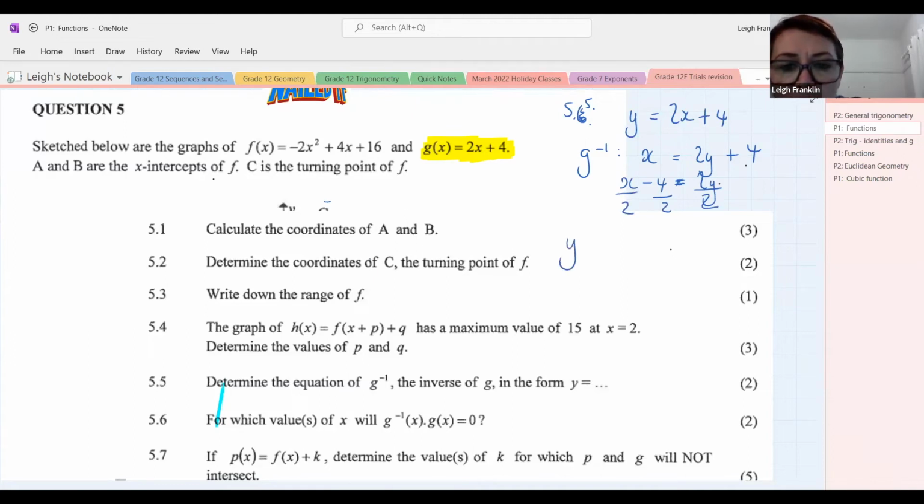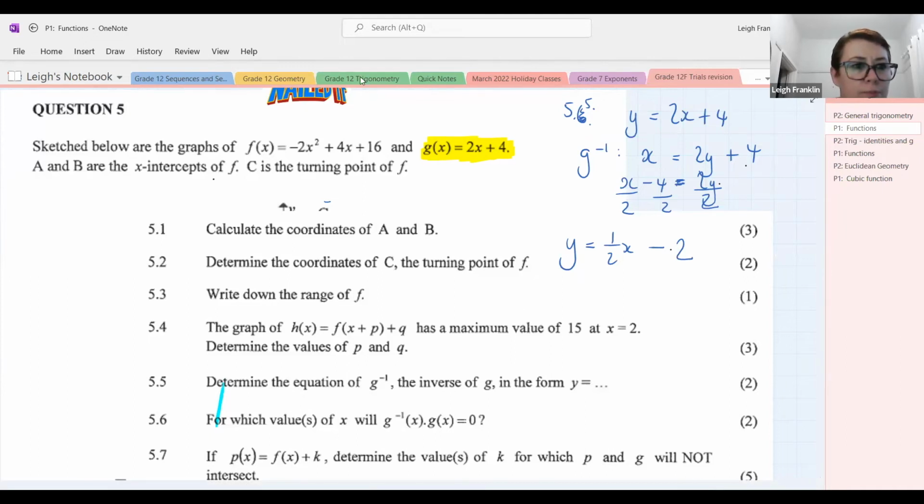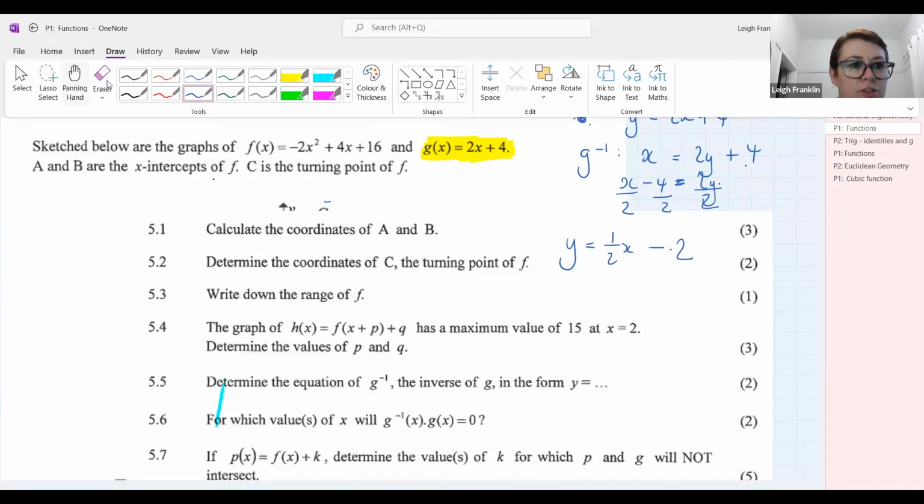So therefore, we've got y equals half x, or x over 2, minus 4 divided by 2, which we must write as 2. Everybody good? Any questions?